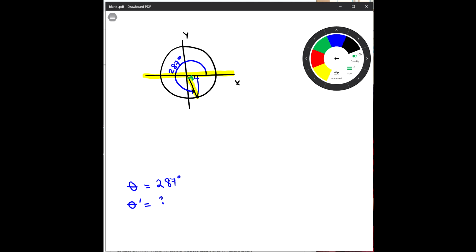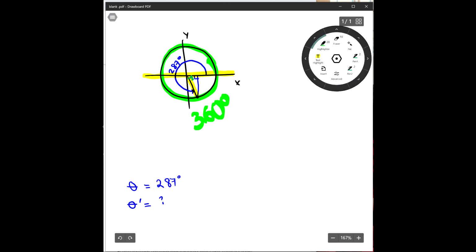What we know is that the measure of the entire circle, the whole circle, is 360 degrees. However, this 360 degrees includes the original angle, which is 287 degrees.